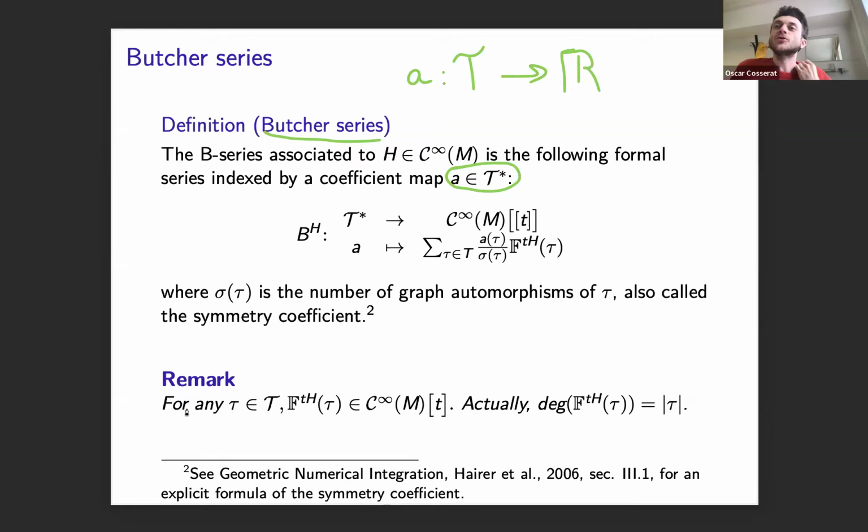And you may observe that f of th is indeed a formal series. So this is well defined.